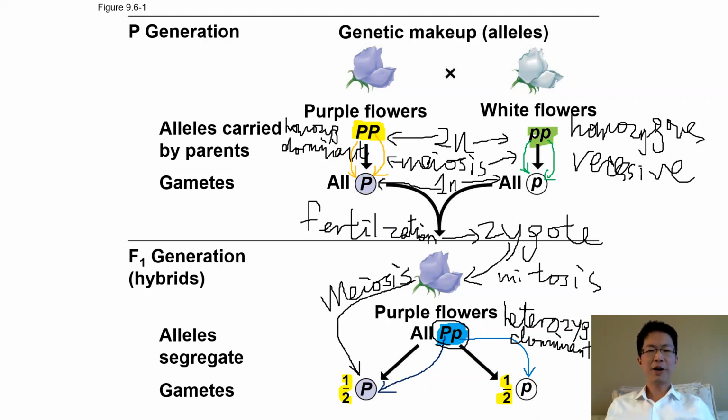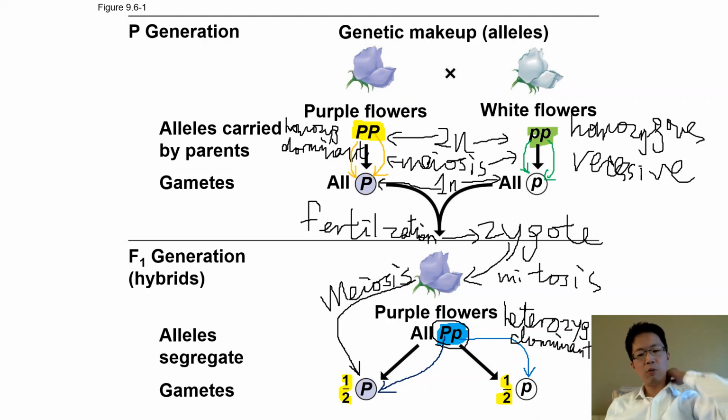Okay, why do we call it heterozygous dominant instead of heterozygous recessive? Well, for obvious reason, the color of the F1 generation is purple, not white. Therefore, we call it heterozygous dominant because the phenotype is expressing the dominant trait. Okay, the dominant trait is purple.